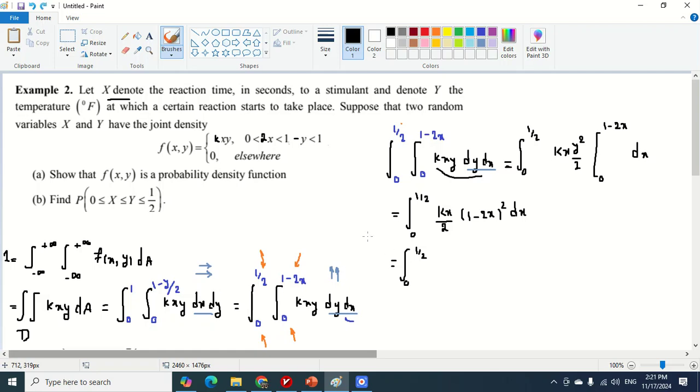Let me just shift this integral a bit to have a place to put them out. Right now k over 2 is a constant, so I can take it out from the integral. k over 2 is coming out, and then I have x multiplied by this expression.